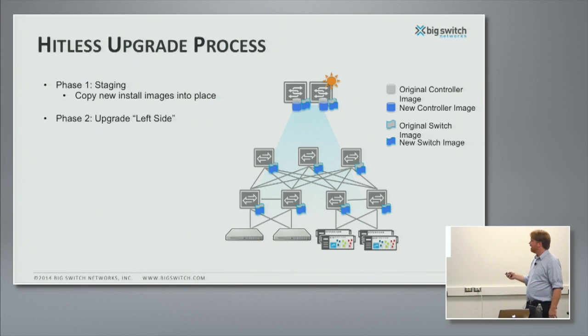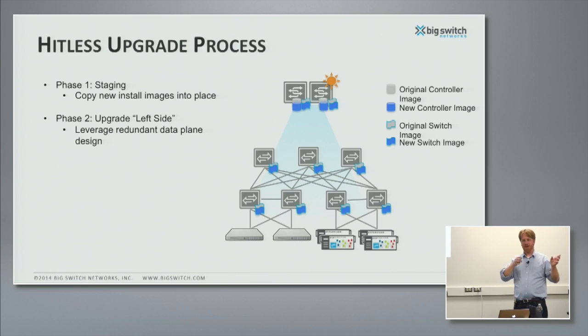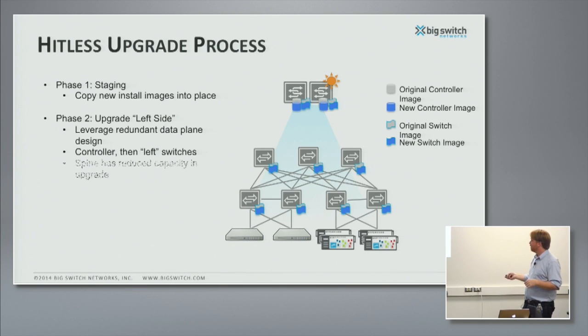And then we upgrade what I call the left side, which is some of the spines and the left of the two leaf switches, or the top one, depending on how you want to think about it. We reboot those and let them come back up with the new operating system. The backup controller also goes through this process. During this, the rest of the fabric keeps going just at reduced capacity.